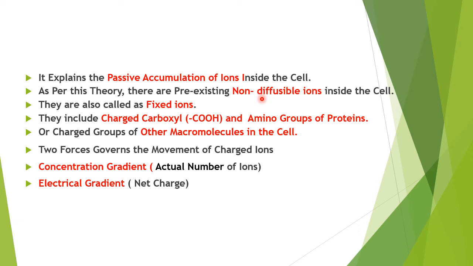So there will always be certain ions inside. So two forces govern the movement of charged ions. One is the concentration gradient, that means the actual number of ions. Second is the electrical gradient, that is the net charge across the membrane. So Donnan equilibrium explains it.